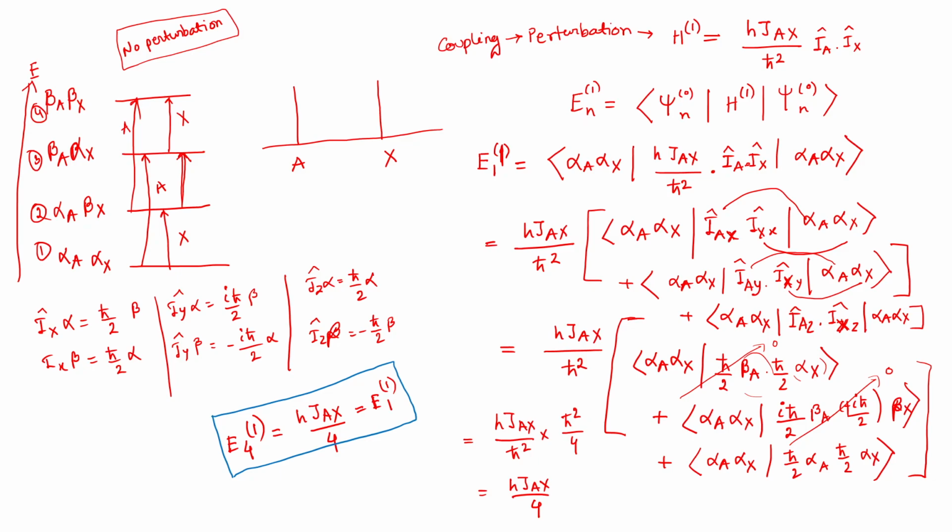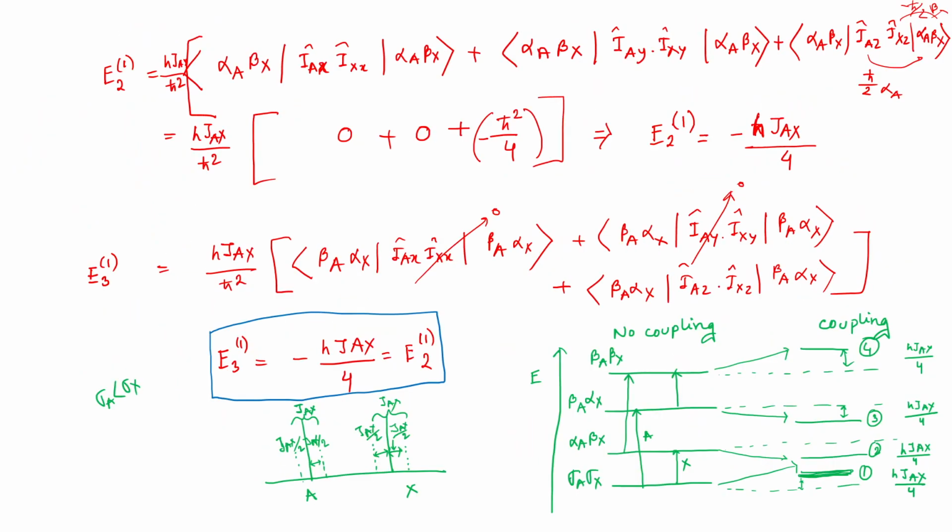Now why we will expect A to be deshielded more than X, because we have already known that the shielding constant for A is less than X. That is all coming from there. And then we have introduced the coupling, the perturbation, as a first order perturbation, and we have found that both the 1 and 2 energy levels will destabilize by the same energy, that is 8jx by 4.